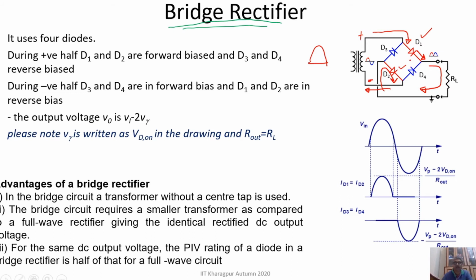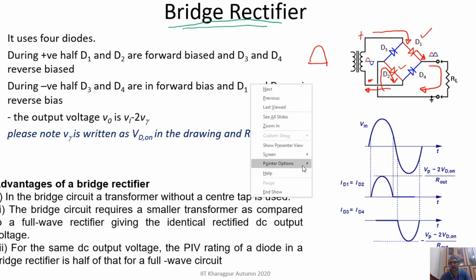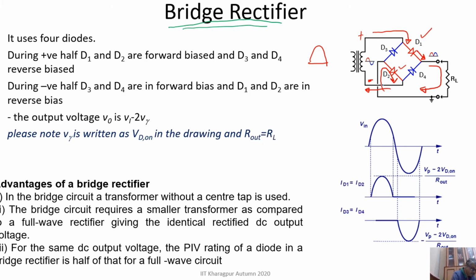Now what about the negative half cycle? In the negative half cycle of the input, you see current will start from here, current will go through D4, it is going through the load RL, going back, then it is going through D3 and coming back here.